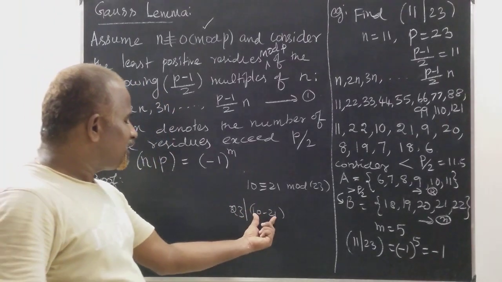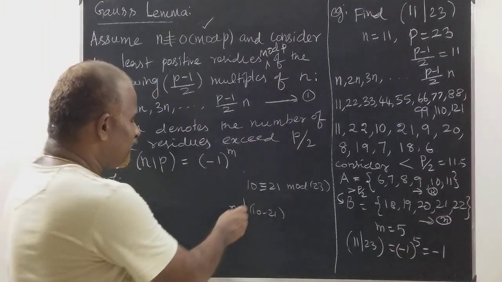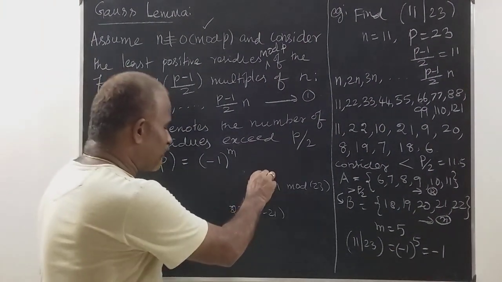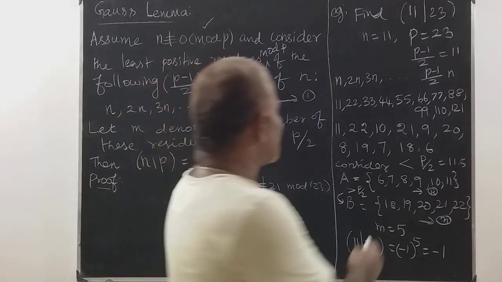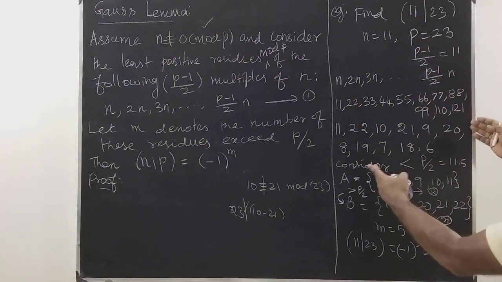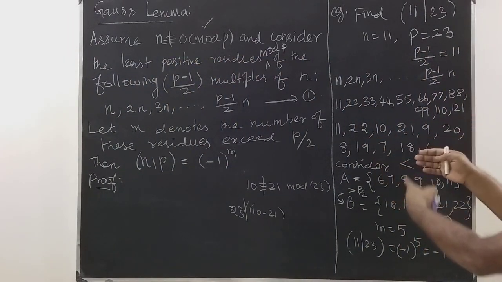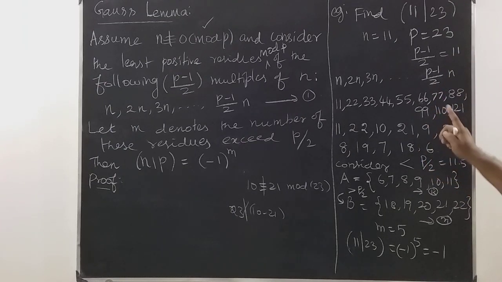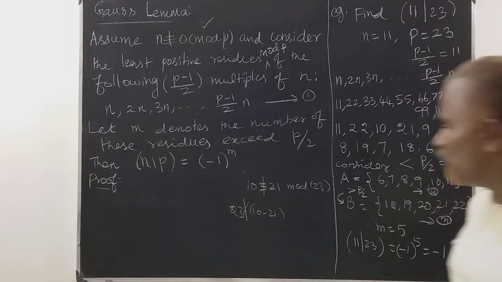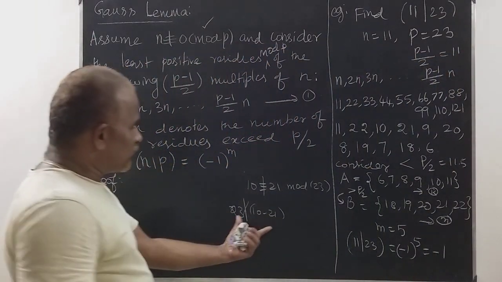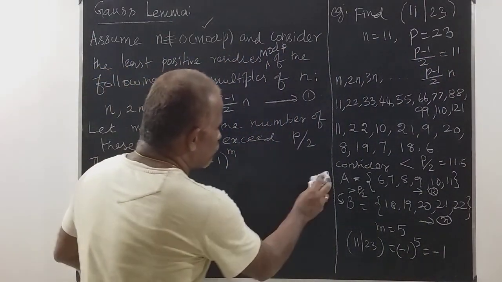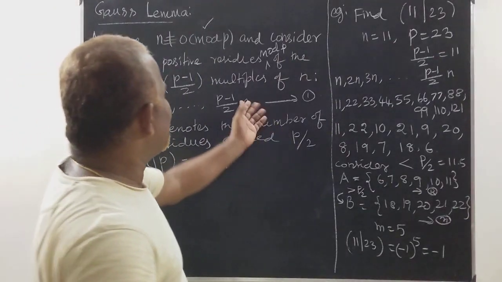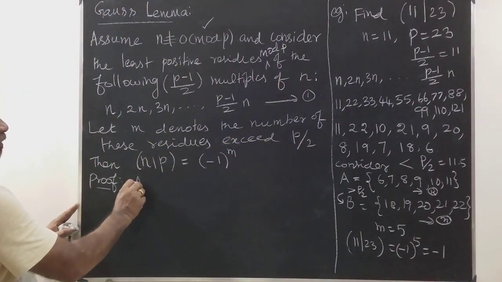But 10 minus 21 is less than 23 in size, so definitely it does not divide. So this is not congruent. For any two elements, the difference is less than 23, so they are incongruent.